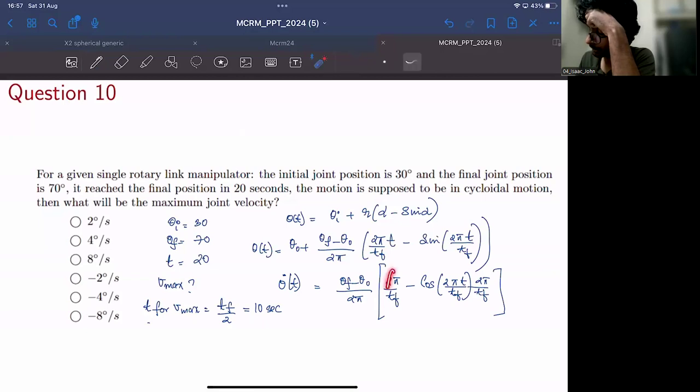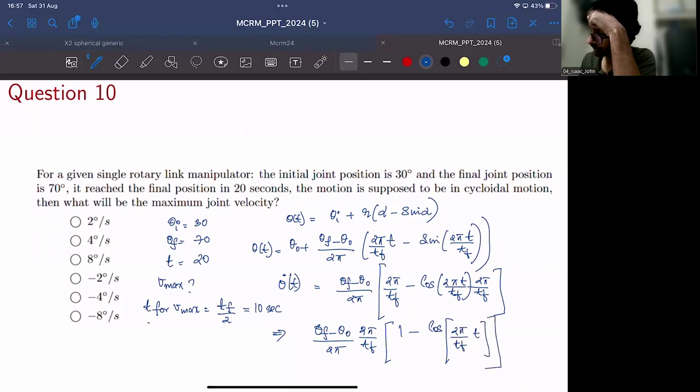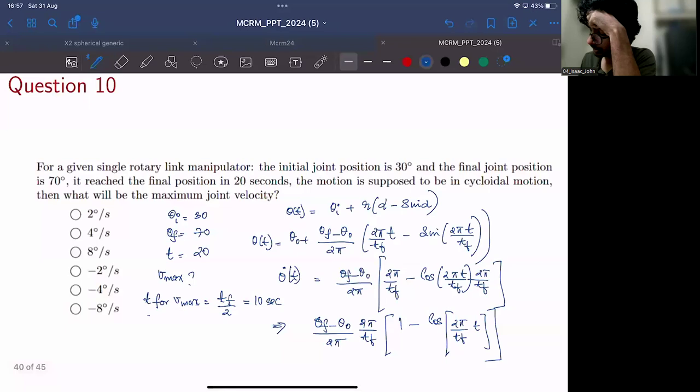So if I take this 2 pi by tf outside, you will get (theta f minus theta 0) by 2 pi multiplied by 2 pi by tf, times 1 minus cos of 2 pi by tf into t. So these 2 pi and 2 pi will get cancelled. So I'll write this tf over here.